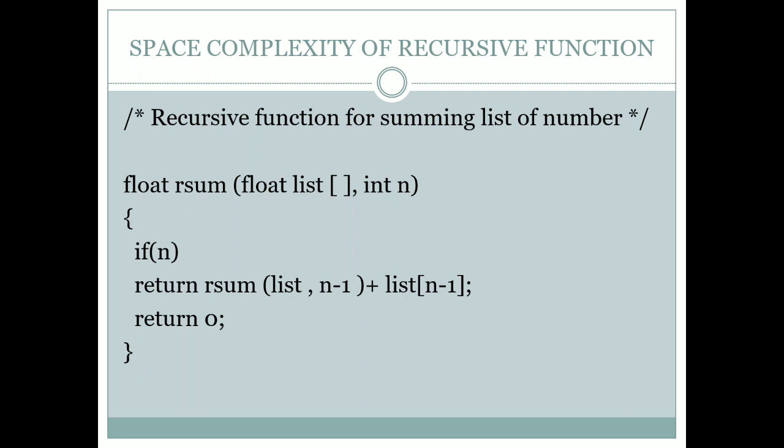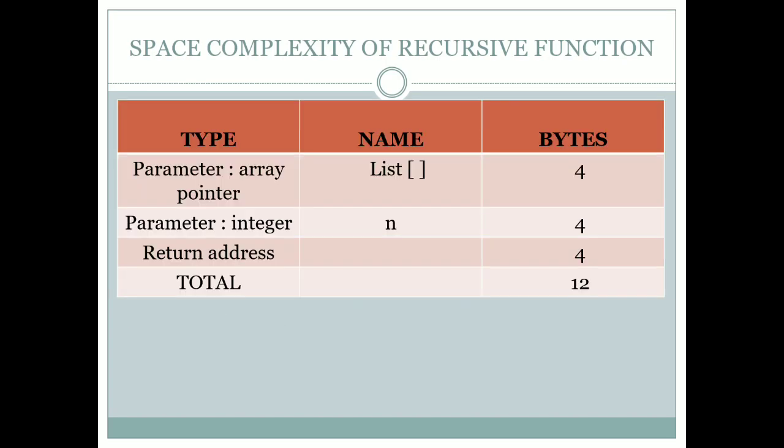Space needed for one recursive call in the given example is the number of bytes required for the parameters and return address. We can use the sizeof operator to find the number of bytes for each type. We will see this in a table. In this table, our first parameter is an array pointer, which will require 4 bytes.